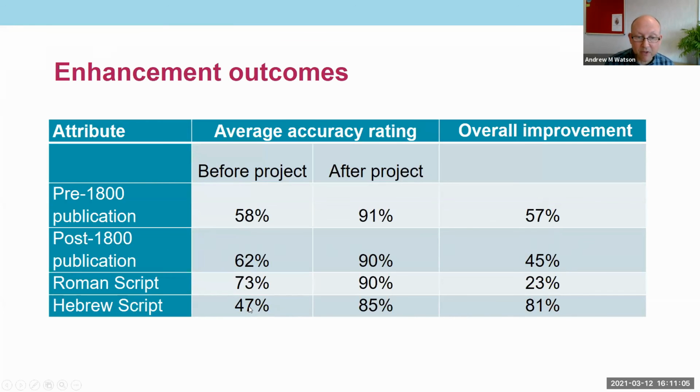From 47% to 85% accuracy is actually an 81% improvement in the quality overall. But there was less improvement for Roman script. And then going to the date of publication, we found that it was more beneficial to carry out this transcription for pre-1800 publications.